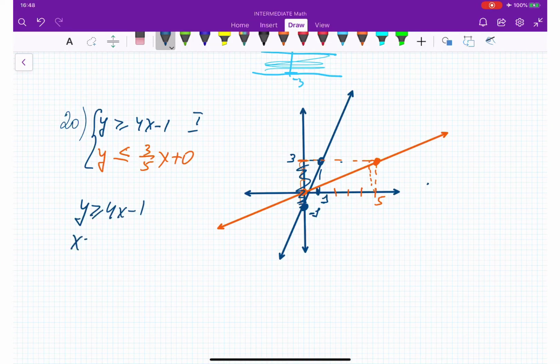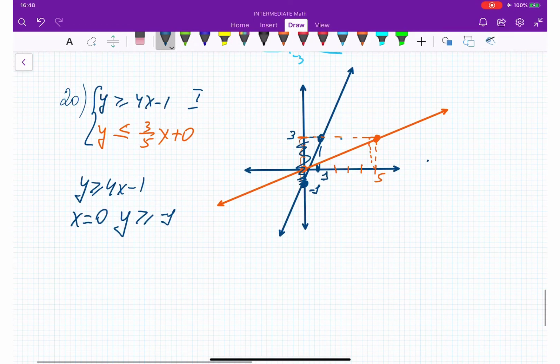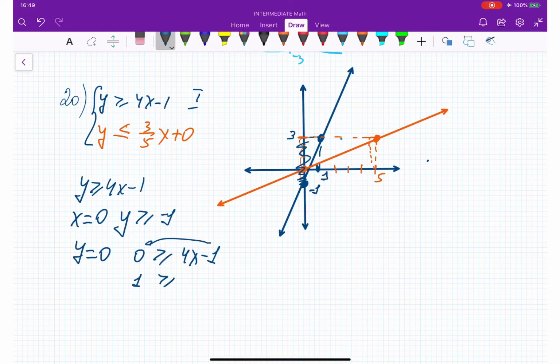So x equal 0, y is going to be greater or equal -1, which I already showed here. Now when y is equal 0, I get 0 greater or equal 4x minus 1, which means if I move -1 here, it's going to be 1 greater or equal 4x.